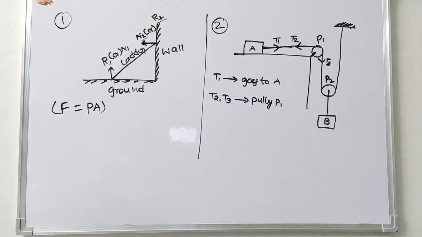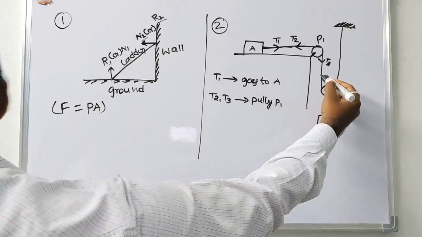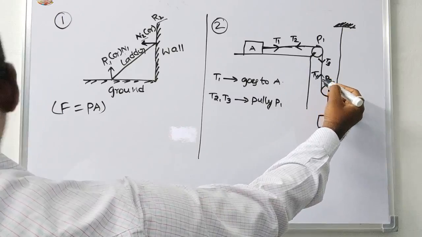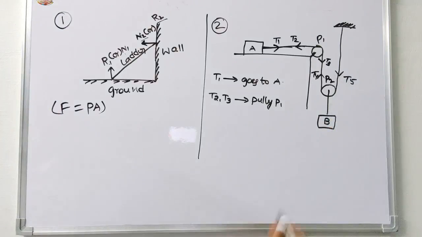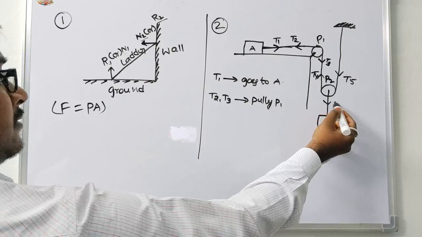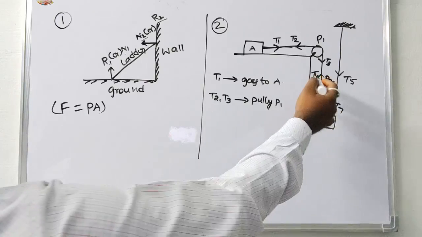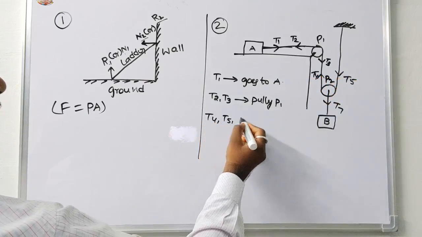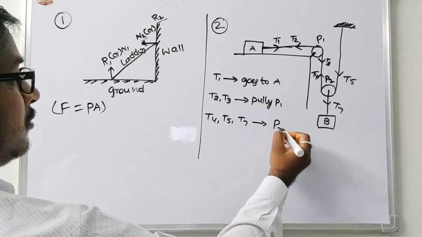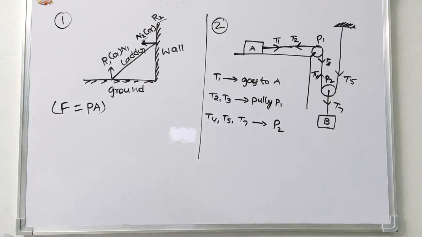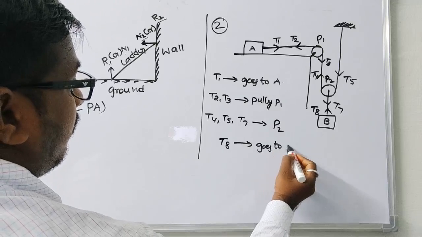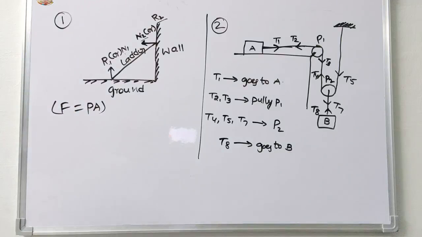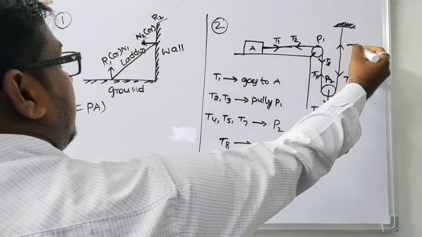T4, T5 and T7 go to pulley P2. T8 goes to block B, and T6 goes to the roof.